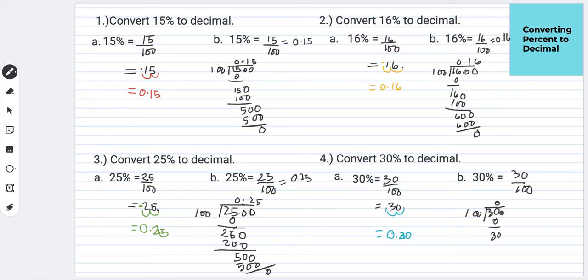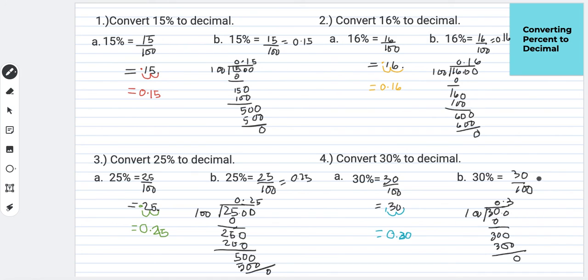Add another 0 here, then we bring down 0, that is now 300 divided by 100. We have here number 3. 3 times 100 is 300, and 300 minus 300 is 0.